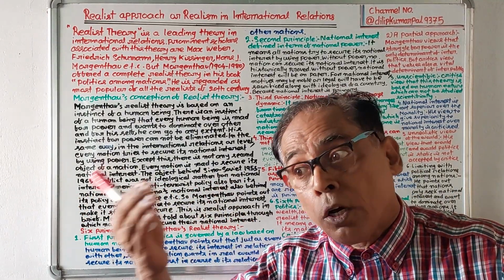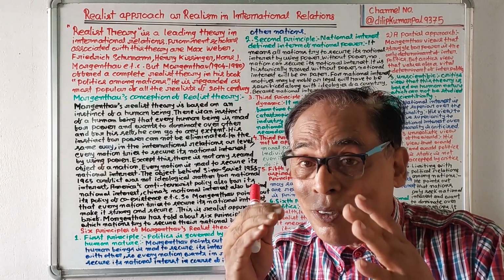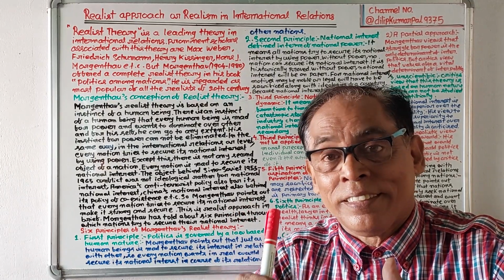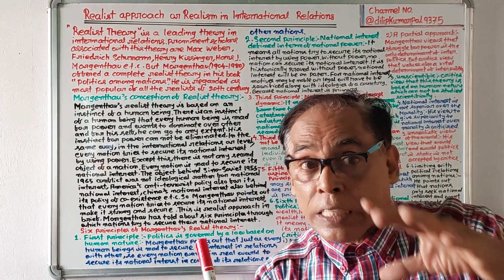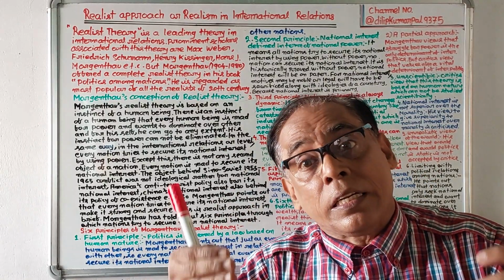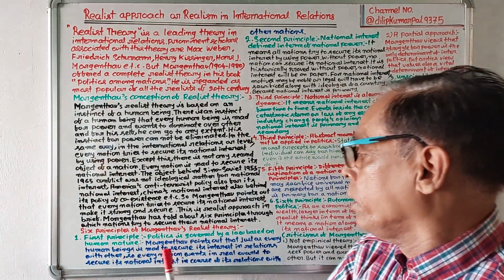Every man wants to dominate over others. Every person is made for power. So on this instinct, realist theory is based. Realist theory also says that just as every person is made for his interest, every nation is also made for its national interest.